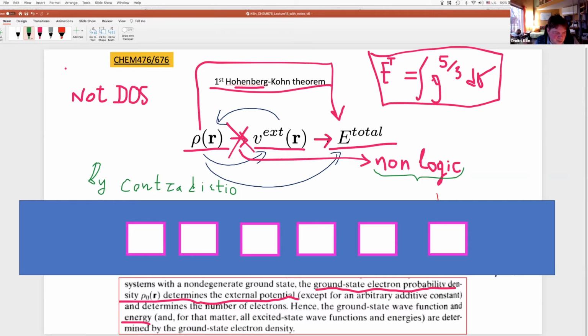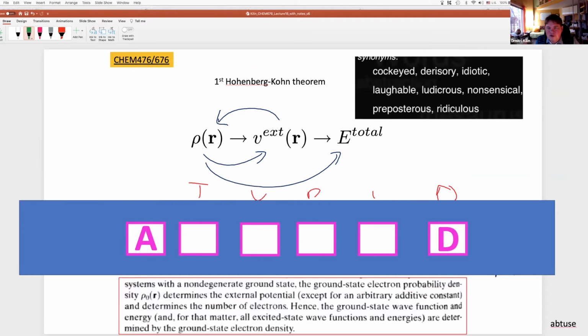Let me open one letter and give thesaurus words which are synonyms to the word that I'm going to bring in. It should start with A and end with D. Anyone want to suggest a letter?